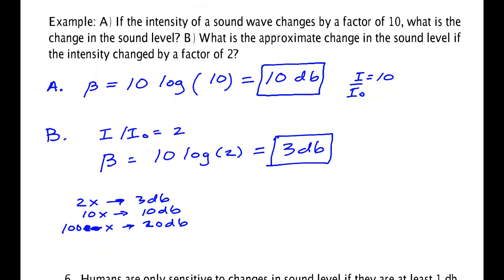If the sound increased by a factor of 1,000, that would be 30 dB. Notice that it's 10 dB per 10x. So every time you multiply by 10, you get an extra 10 dB. 10, 10 squared, 10 cubed, 10 to the 9th would be 90 dB. All right? This is just the nature of the logarithm. The logarithm gets you this number, and then you multiply by 10 to get the beta.